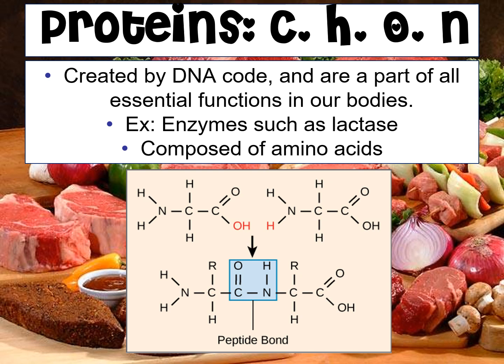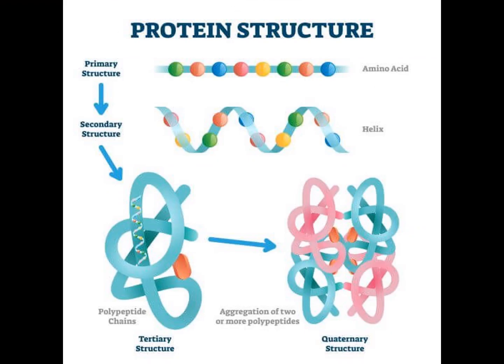But then also in bonding them, they create what's called a peptide bond. And if you put a whole bunch of those together, you get what we call a polypeptide. And once that polypeptide does take on a certain shape, which I'll talk about in the next slide, we call it a protein.